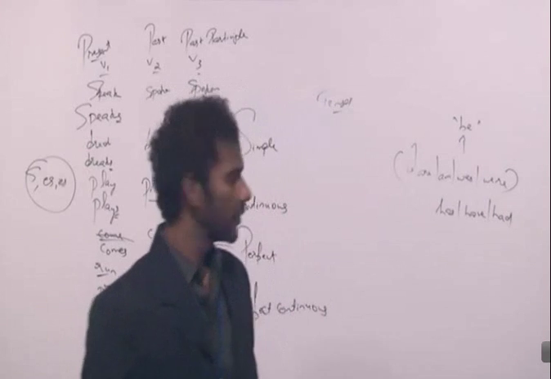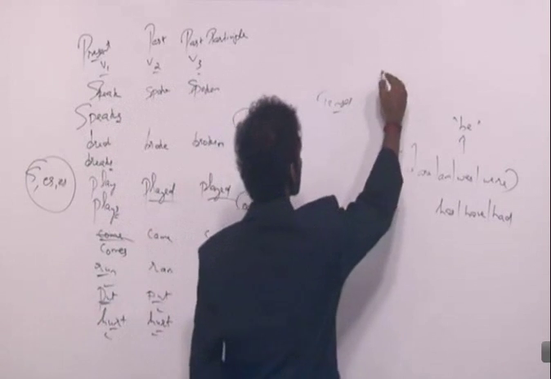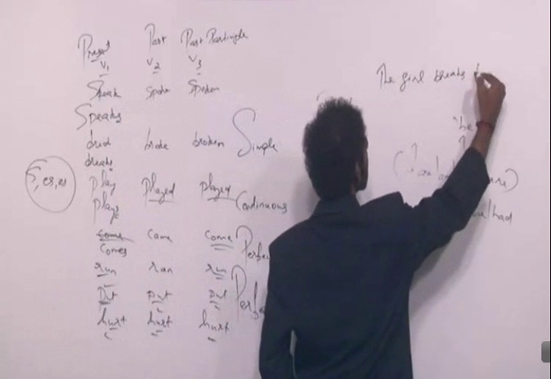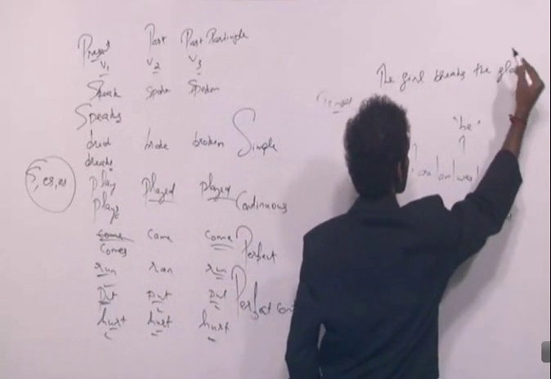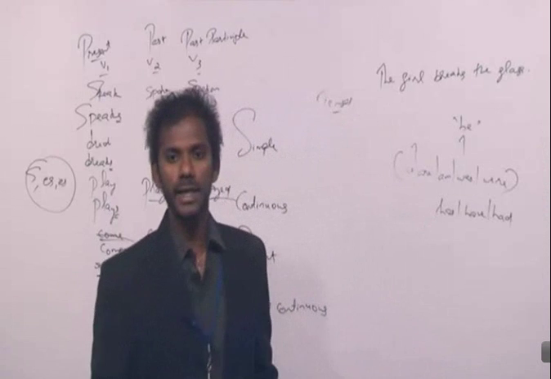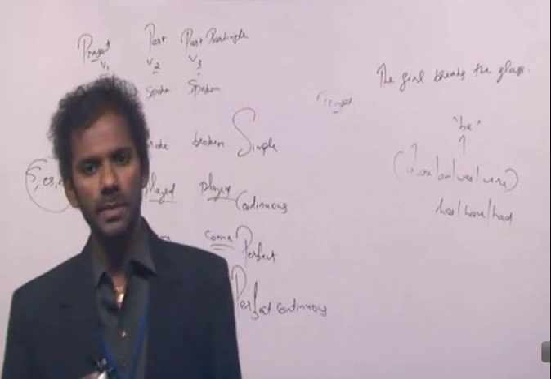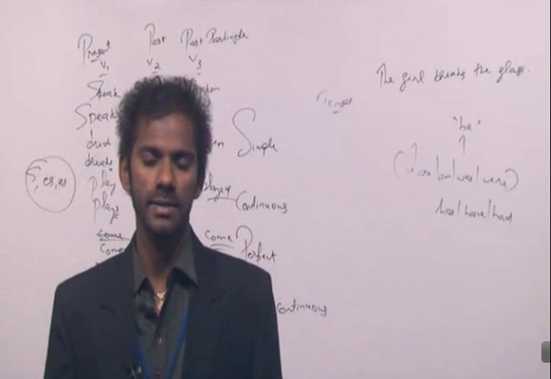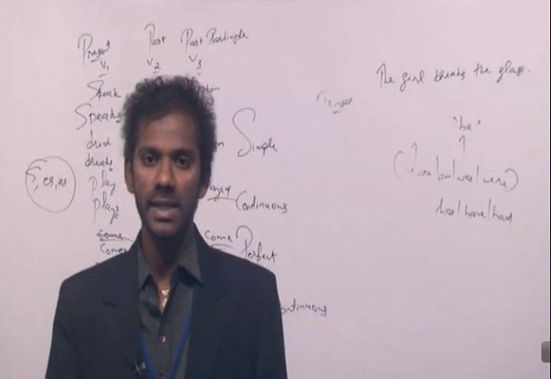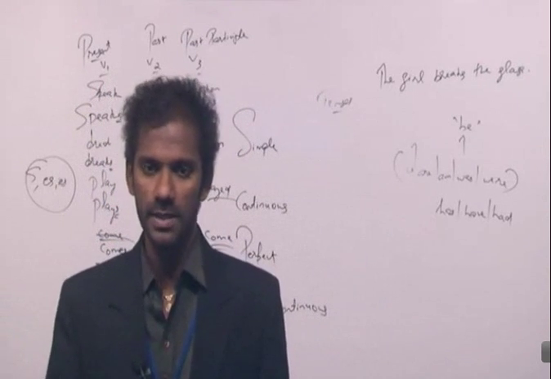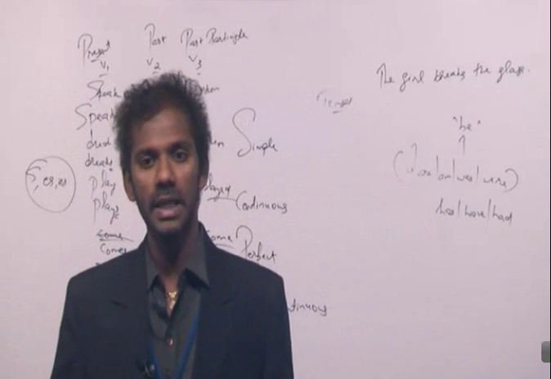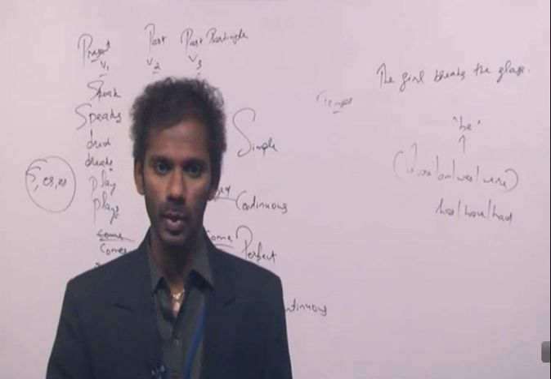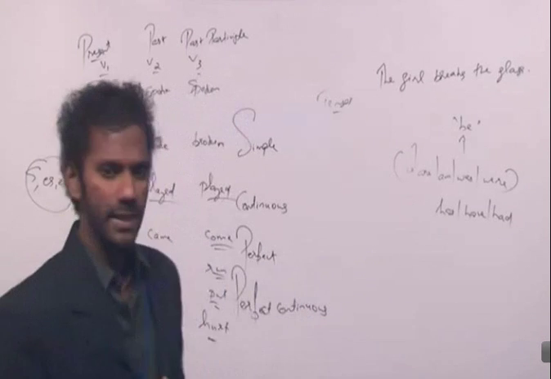Clear? Now if I write a statement like, the girl breaks the glass. The girl breaks the glass. Now I told you what a subject is and what an object is. The doer of an action is termed as a subject, whereas the receiver of an action is termed as the object. And subject and object can be living things or non-living things, but only nouns or pronouns. Clear? The girl breaks the glass.